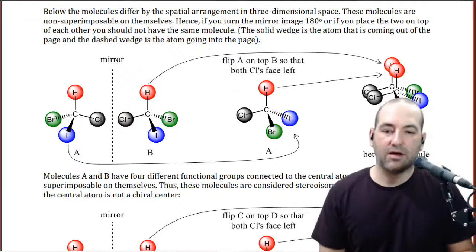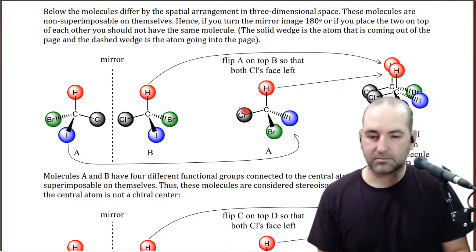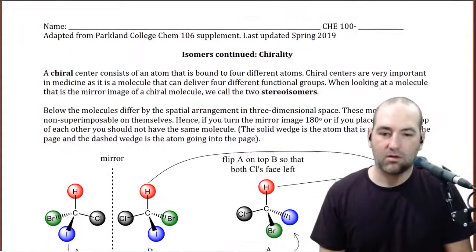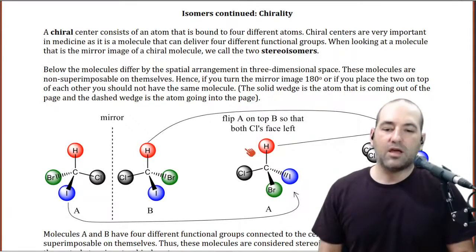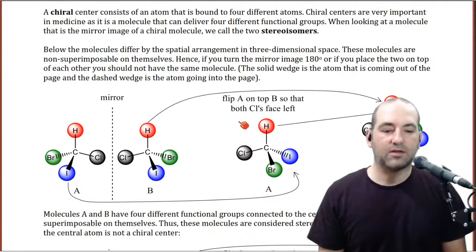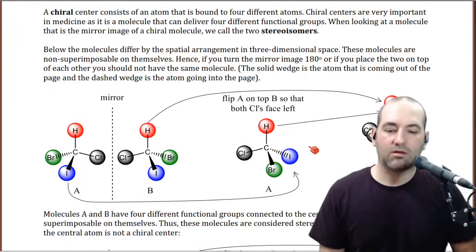So behind me, I've got the carbohydrates handout. And today we're going to look at a concept that can be a little bit difficult, especially when you first encounter it.